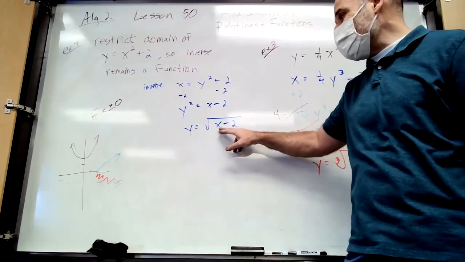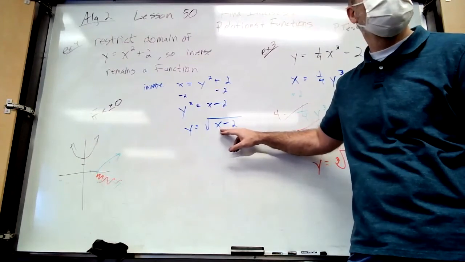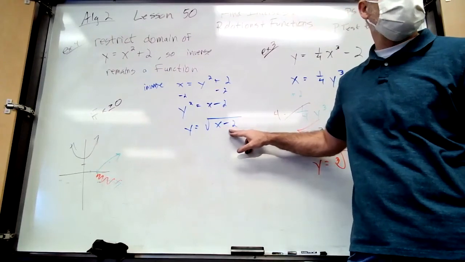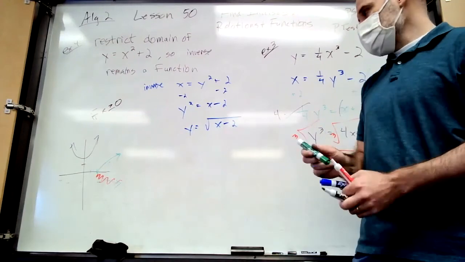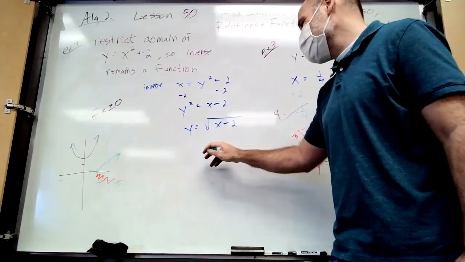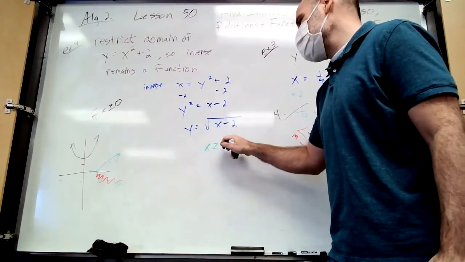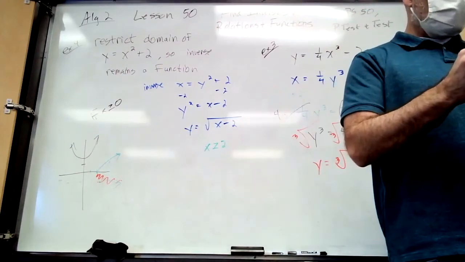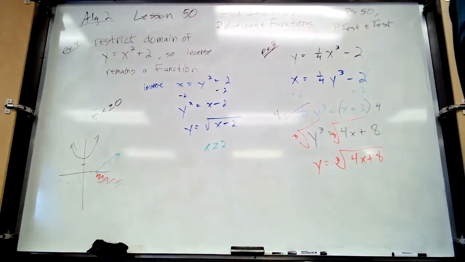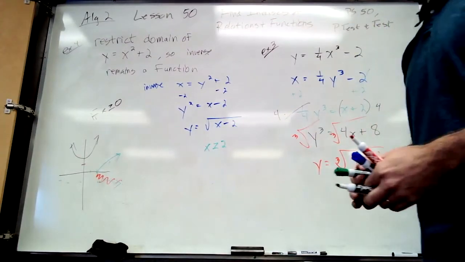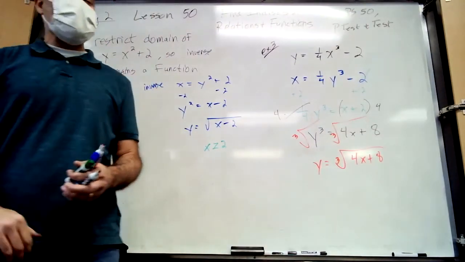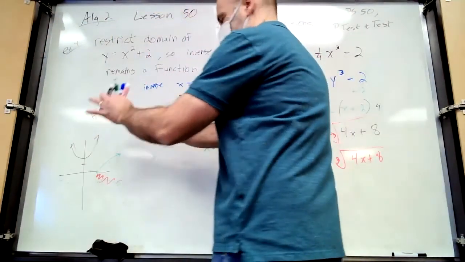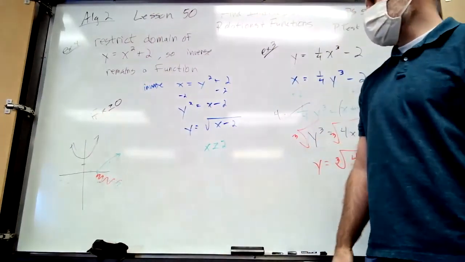Okay, so do you see how any x under 2, you would end up with a negative number underneath the radical? That will break the machine. So basically, we have to say that x has to be greater than or equal to 2 for this to work. I think it's a lot easier than trying to do this graphically, which is confusing.